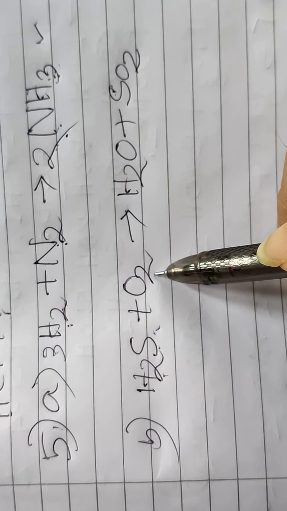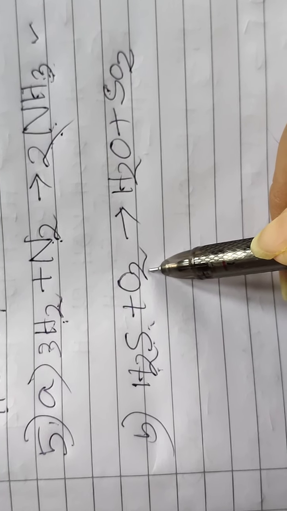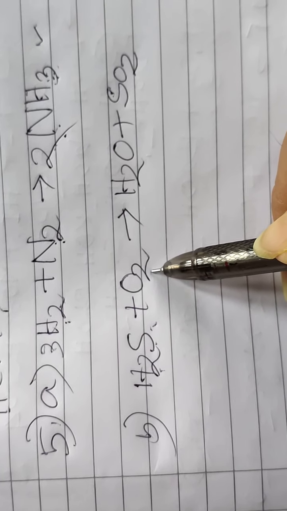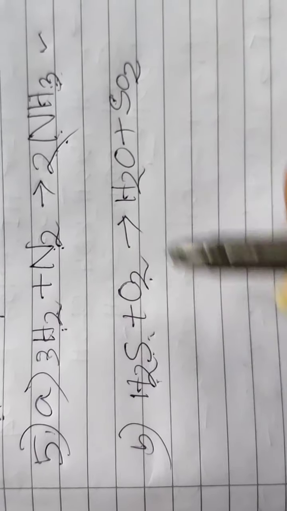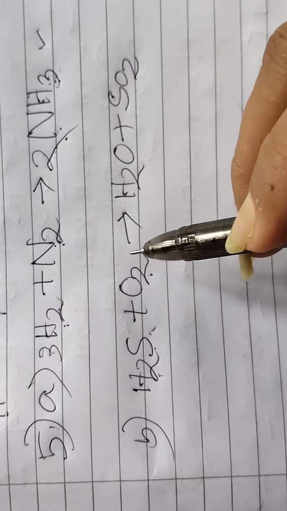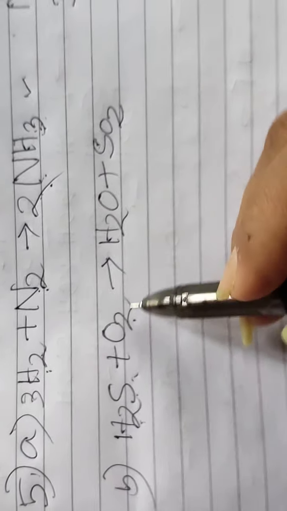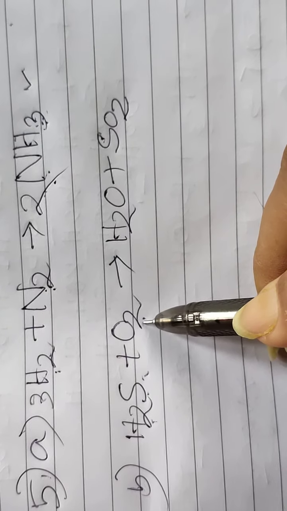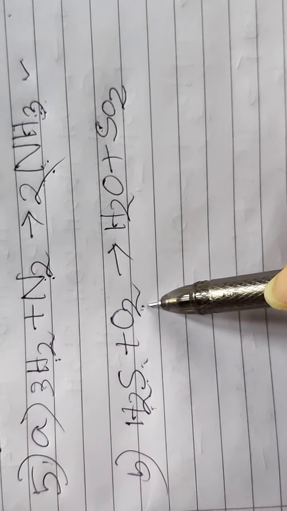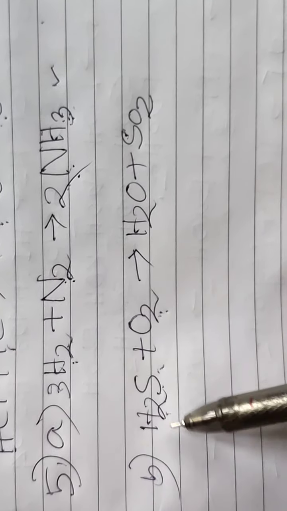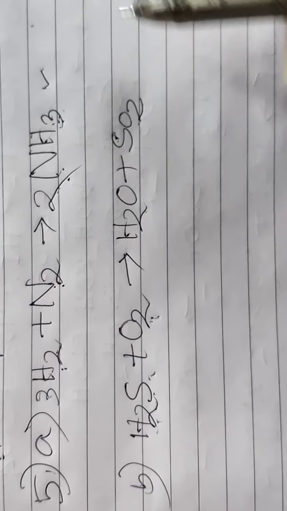Whenever any element reacts with air, this is nothing but oxygen, because oxygen in the air reacts exclusively. So whenever there is a mention of reaction with air, we only write oxygen O2. So hydrogen sulfide plus oxygen, when hydrogen sulfide is burned in air, that is oxygen, it will form water and sulfur dioxide.